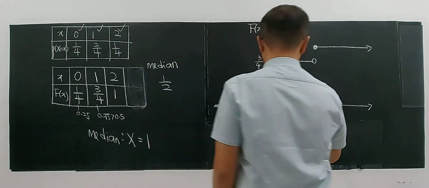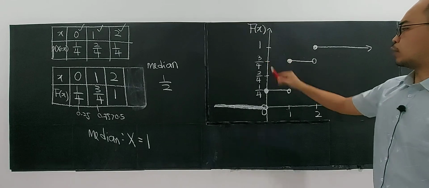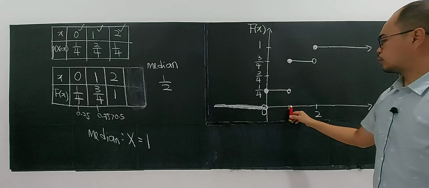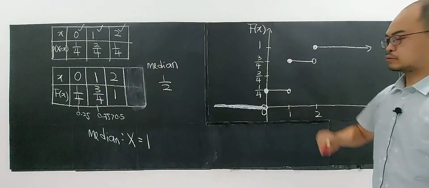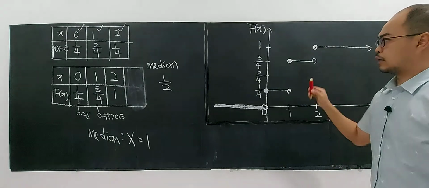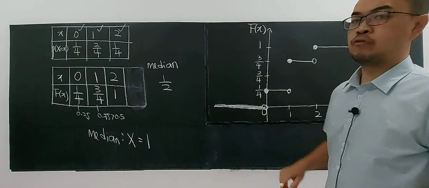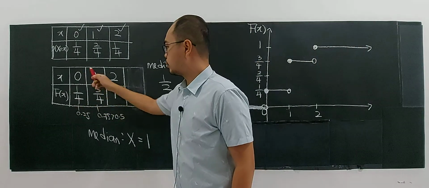Through here you can see it is 1, which is greater than 1 over 2. At 0 the cumulative is 1 over 4 only. So very easy. If they ask you to find the median, this will be your median.